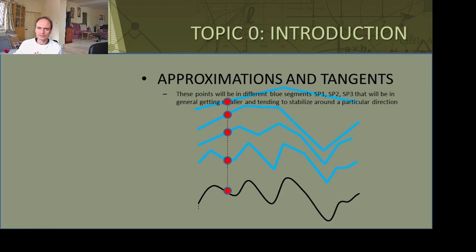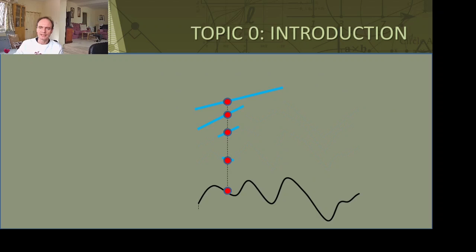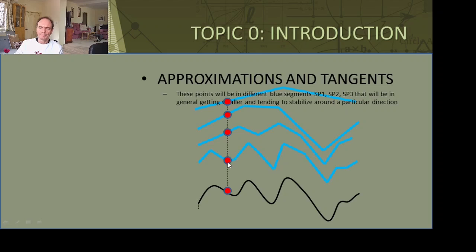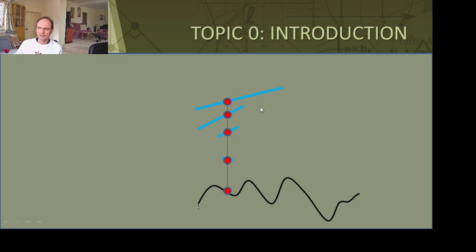If we see it on the screens, you see what I mean. This would be the point in the first approximation, P1, P2, P3, P4, and these would be the segments SP1, SP2, SP3, and SP4 that, as you see, are trying to stabilize somehow into a given line, into a given direction.